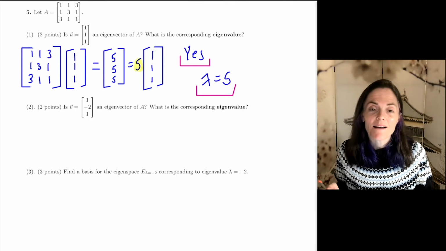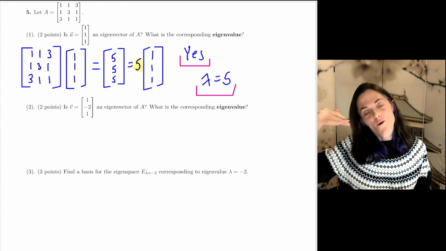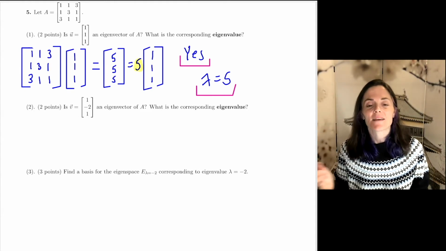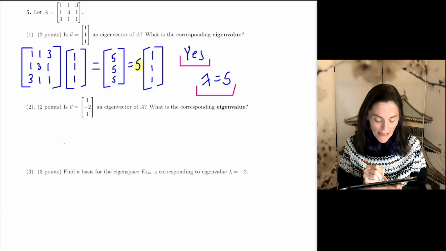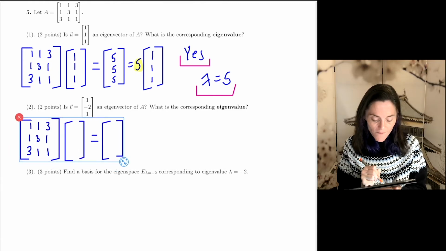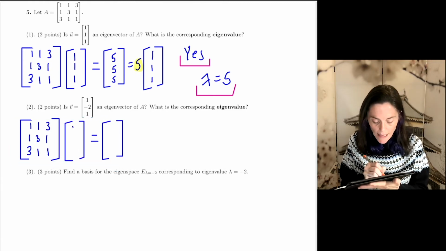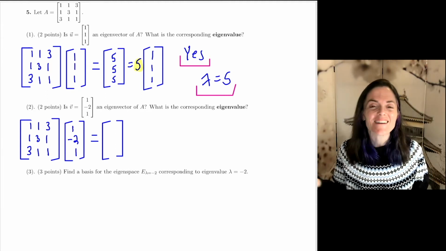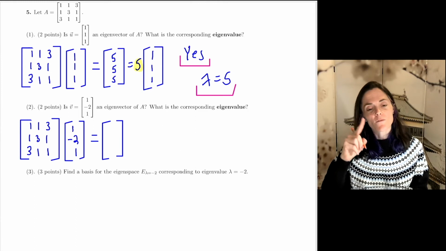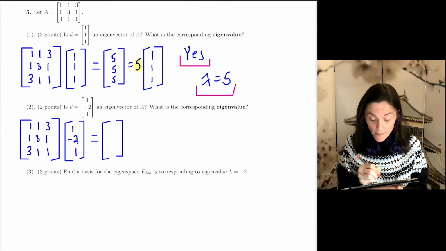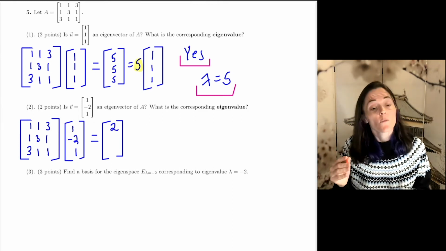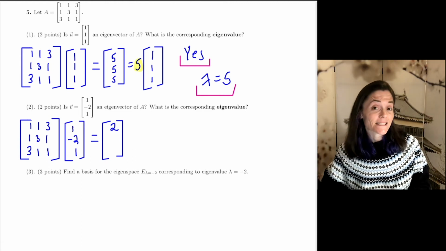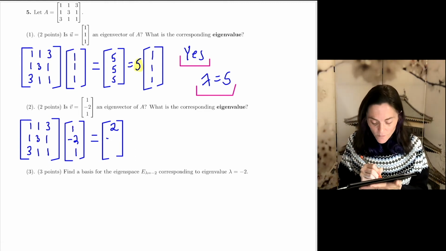The second part, we're asked, is V, which is 1, -2, 1, an eigenvector of A. What is the corresponding eigenvalue? Well, we can go about it in a very similar way. Let's just multiply A times V and see if we get a multiple of V. Here, you see we have 1 minus 2 plus 3, which is positive 2. We have 1 minus 6 plus 1, which is negative 4.